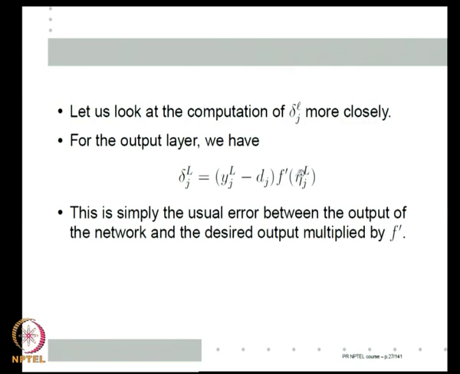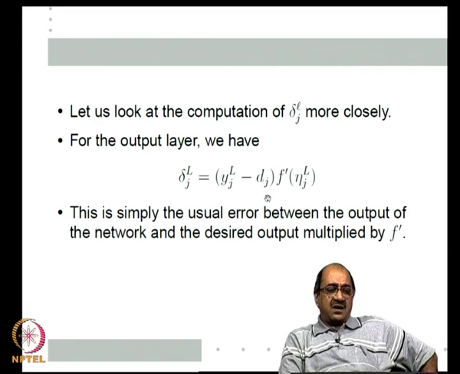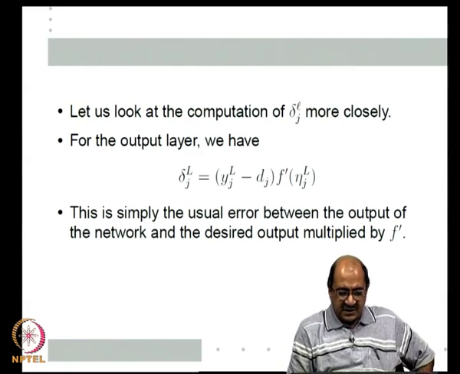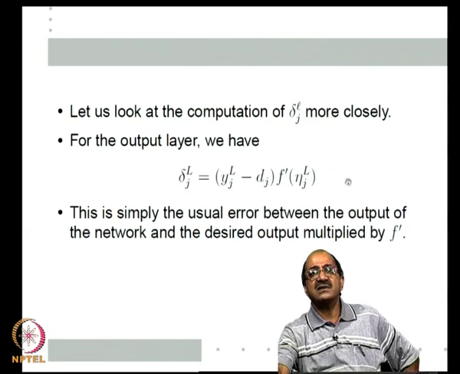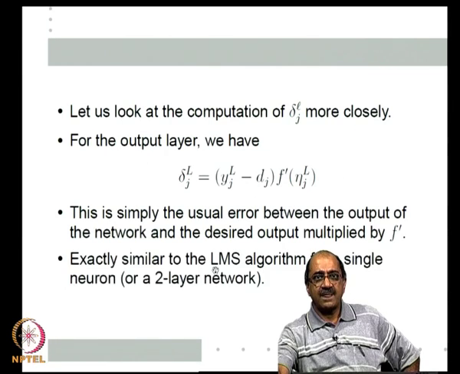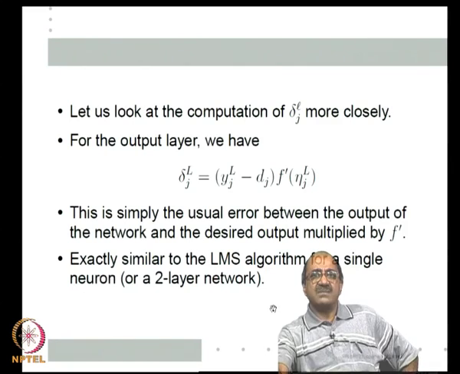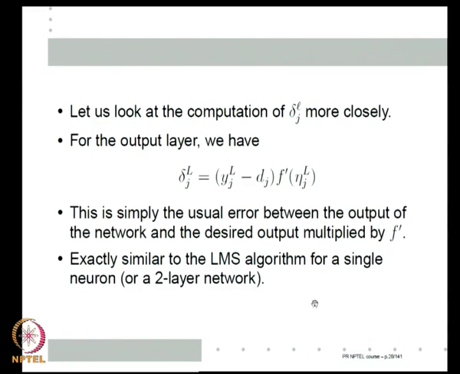Multiply by f prime, because f is the function that connects the net input into that node to its output. So, for example, if I have only one node in the output and still use the sigmoid activation function, but I have no hidden nodes, then this is what would have been the LMS algorithm. It is very similar to the LMS algorithm for a single layer, a 2-layer network.